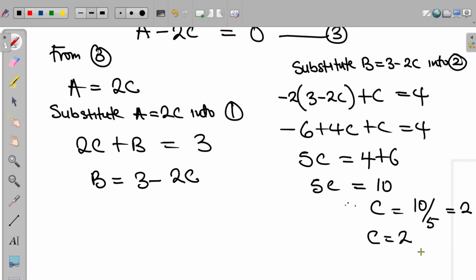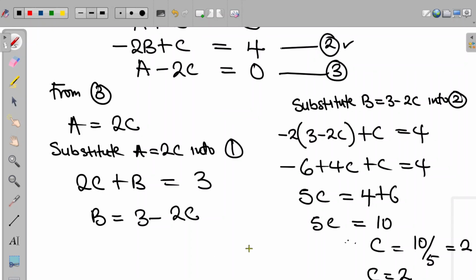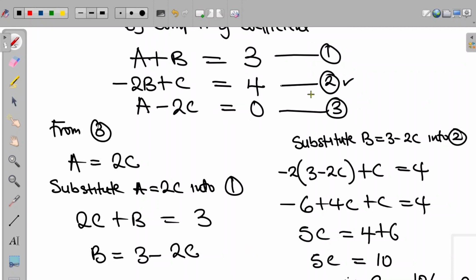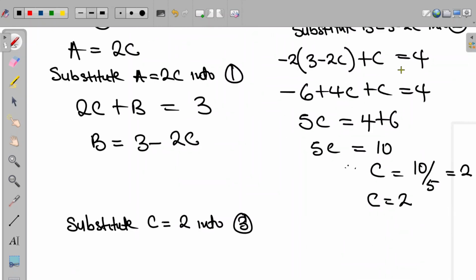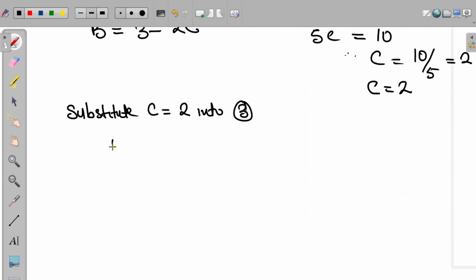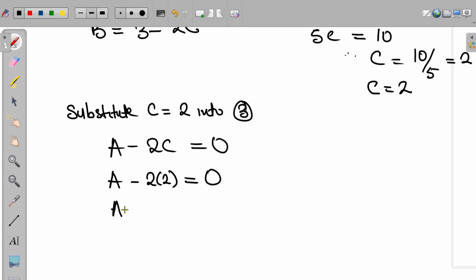Now, to obtain the value of a, we substitute c into equation 3. Recall that equation 3 is a minus 2c equal to 0. So we have a minus 2 times 2 is equal to 0. 2 times 2 is 4. So we have that a is equal to 4.